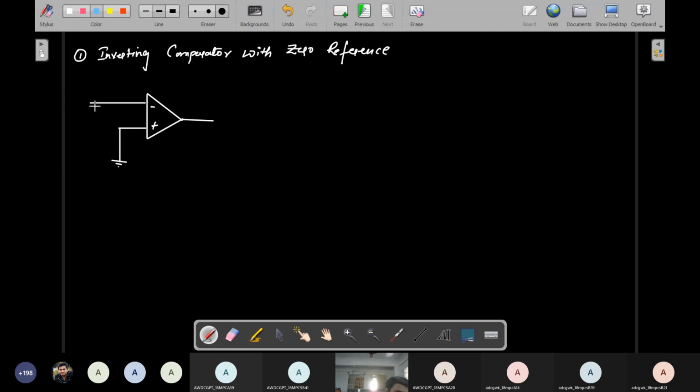This is our input signal Vi. Then what is our reference voltage? This is the reference voltage, and it is directly connected to ground, which means V reference is equal to 0. This is our output voltage V output.